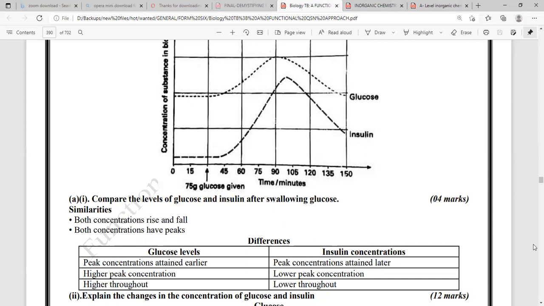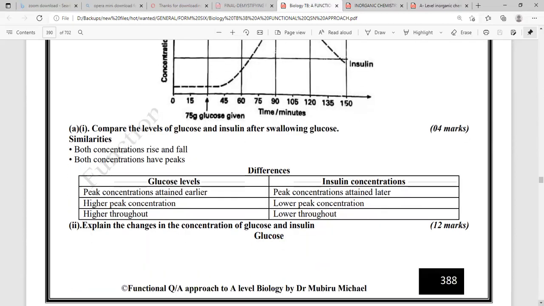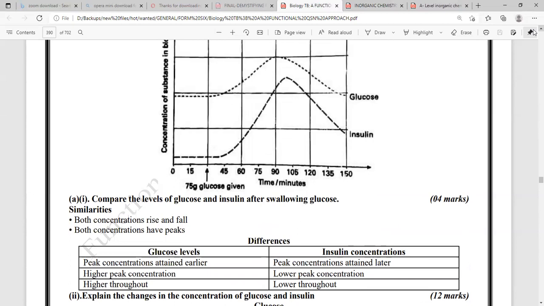What are the differences between glucose levels and insulin levels? For glucose, the peak concentration is attained earlier than the peak concentration of insulin. The peak concentration of glucose is attained at around 90 minutes, whereas the other is attained around 100 minutes.